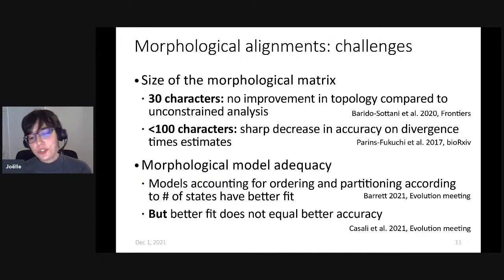However, there is also other evidence that having better fit, as calculated by Bayes factor, does not necessarily equal better accuracy on the topology inference. So that's definitely something I think that needs more investigation, and it's going to remain a big challenge, I think, in using morphological alignments.